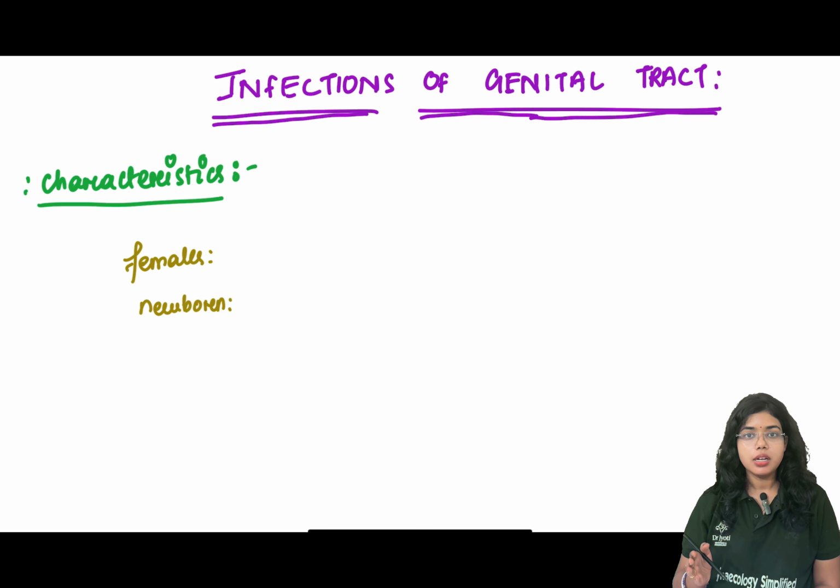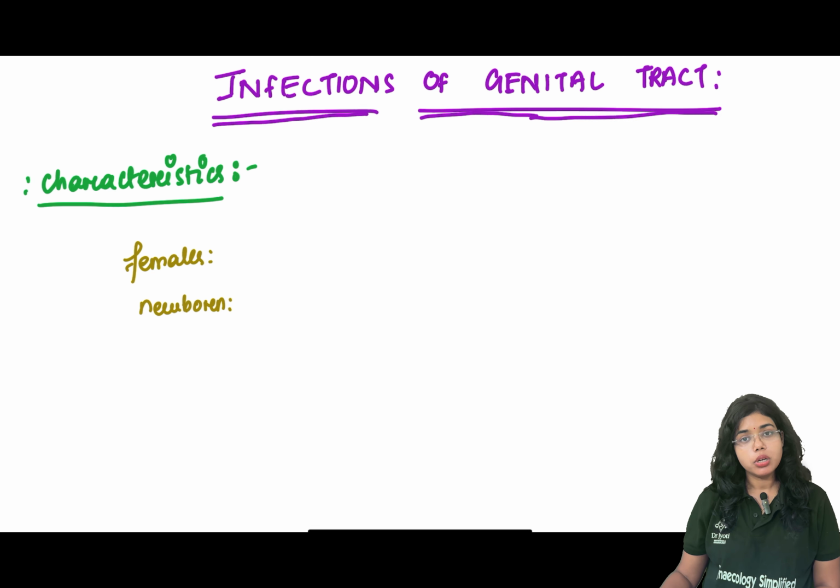When the infection occurs, the most common symptom is vaginal discharge, that is white discharge or discharge of any color. So what are the organisms that are involved? It may be bacteria, virus, or parasites.